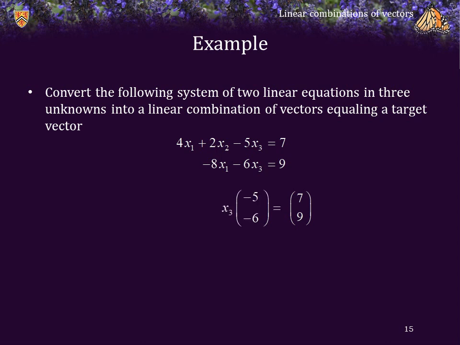The second equation does not contain x2, consequently we would therefore have x2 multiplied by the vector 2, 0. And finally, the coefficients of x1 in the equations are 4 and -8 respectively, and consequently we would have the vector 4, -8 multiplied by the scalar x1.